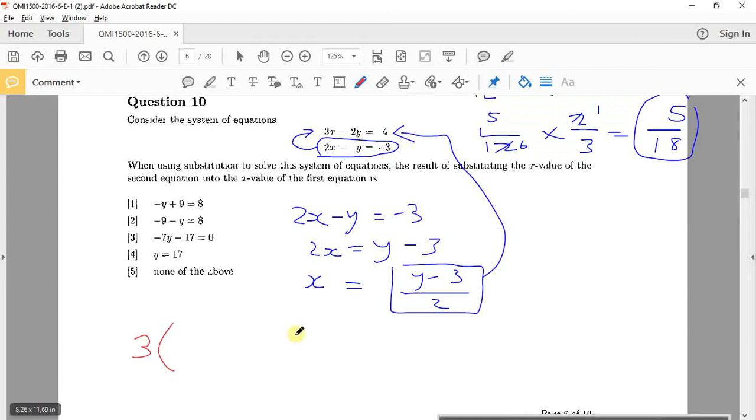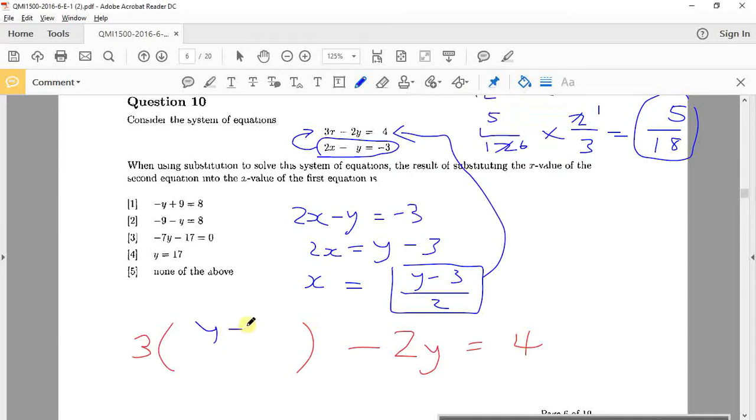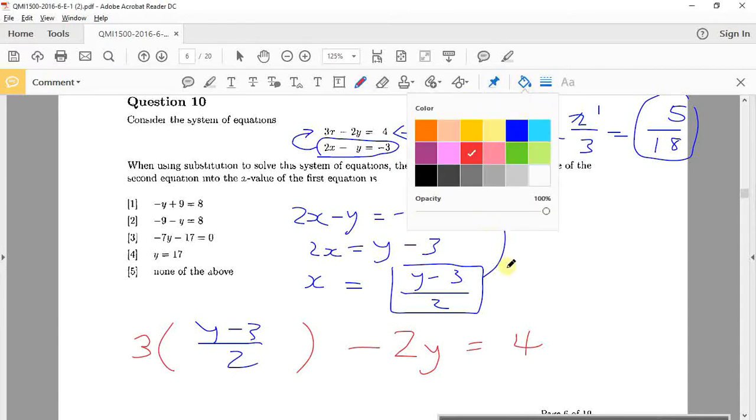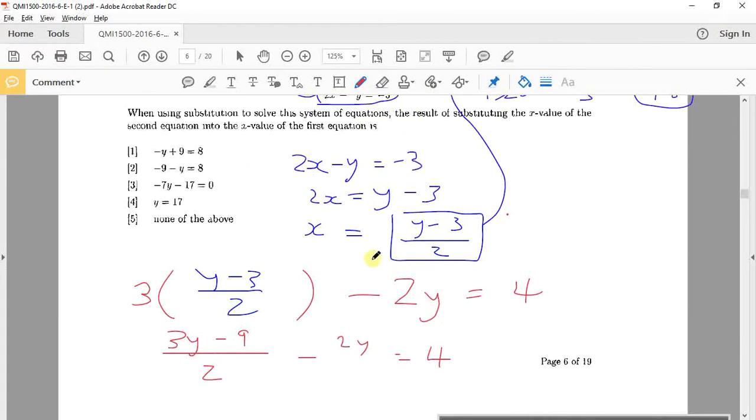3 brackets minus 2y equals 4. Okay, so times that by 3, (3y minus 9) over 2 minus 2y equals 4. Okay, what do they want this as?